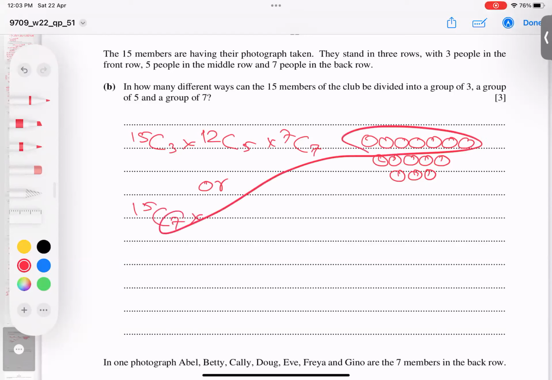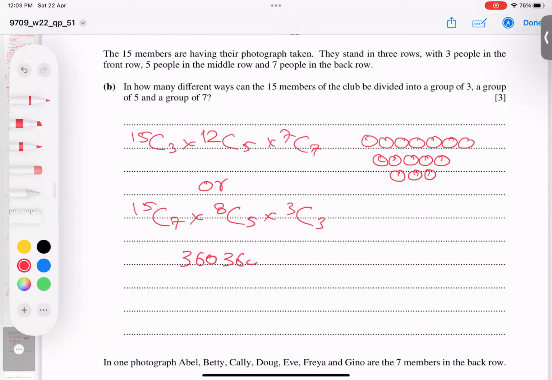So 7 gone, 8 left. 8C5. Out of 8, 5 gone, 3 left. So 3C3. And if we type in the calculator, the answer is 360. I hope you got the idea very well.